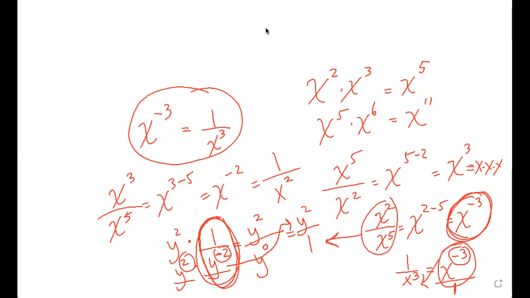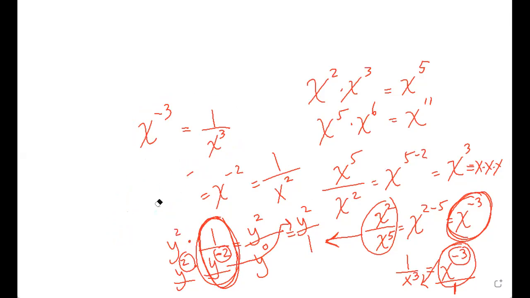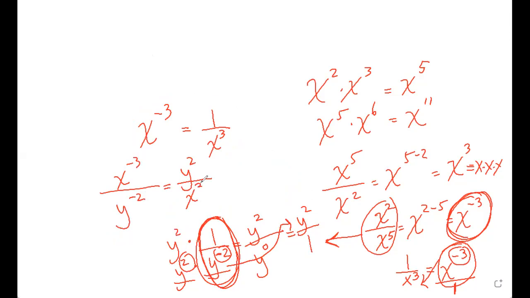Okay, so in summary, when you have something in the numerator that has a negative exponent, or something in the denominator that has a negative exponent, you can change it and it becomes this. And the reason we need to do this is because in any integer exponent, we do not want a negative number.